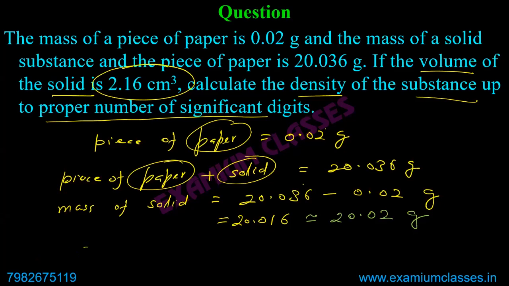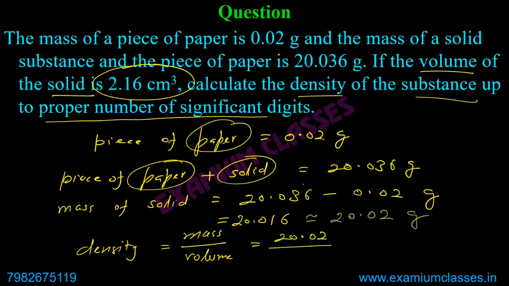And by the formula, the density of the solid will be the mass of the solid divided by the volume of the solid. It will be 20.02 divided by 2.16. It is given. Now, when you solve this, it will be somewhere 9.268 and something.